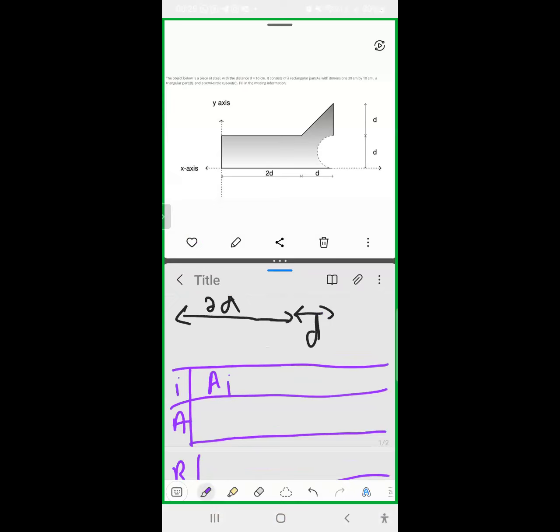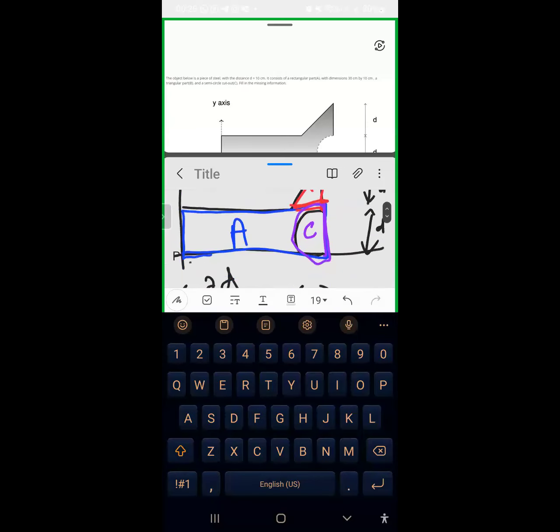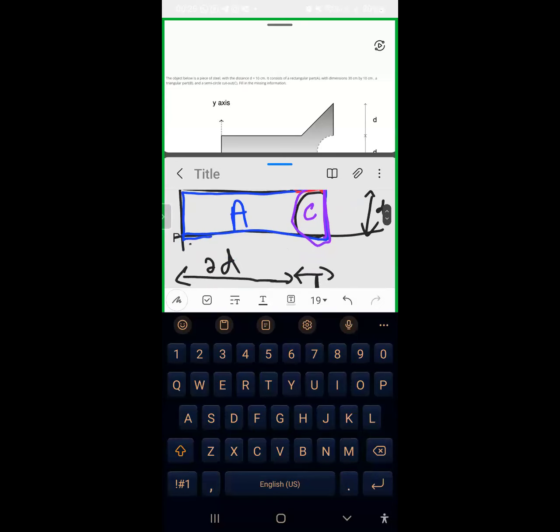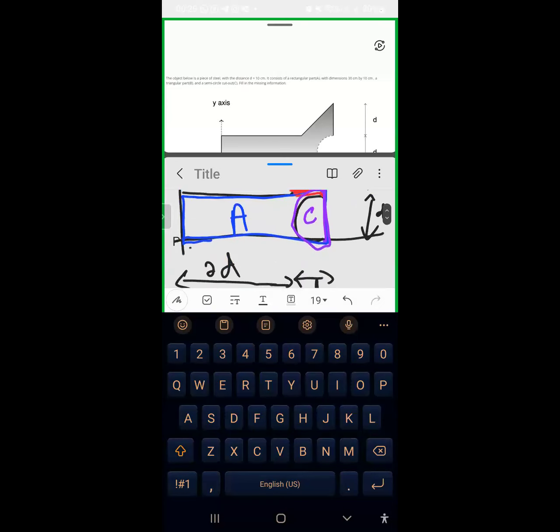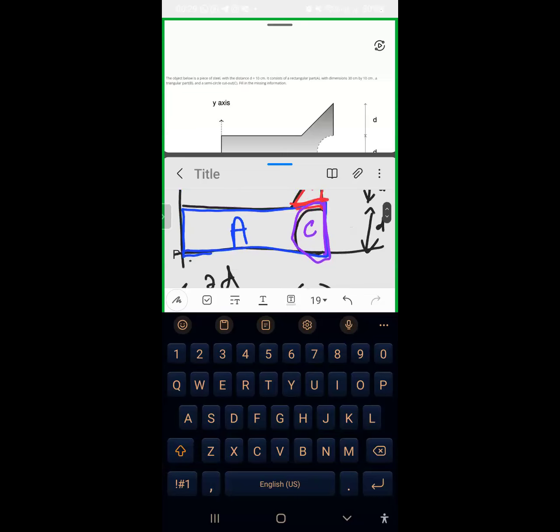So let's start with the first object, the rectangular part, which is A. The first rectangular part has the breadth, which is 2D plus D units, and then the height, which is D units.